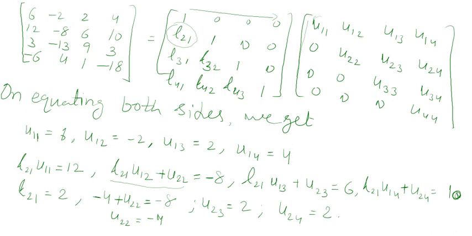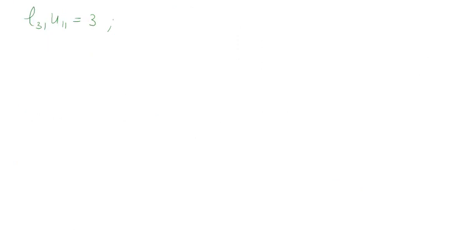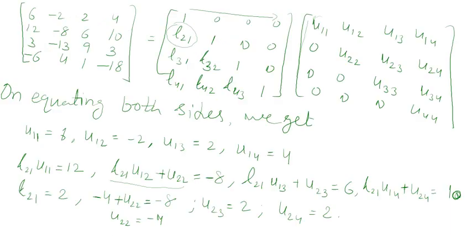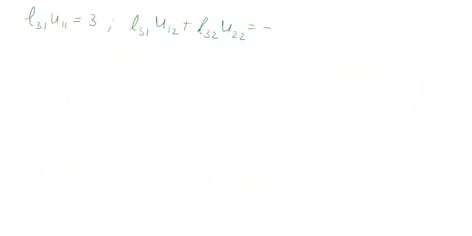Third row, second column gives L31 U12 plus L32 U22 equals minus 13.